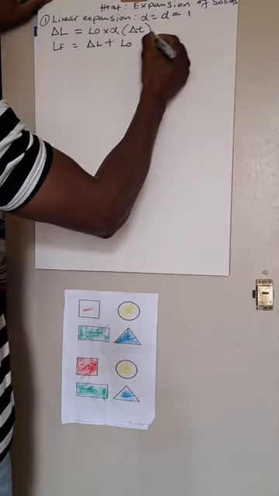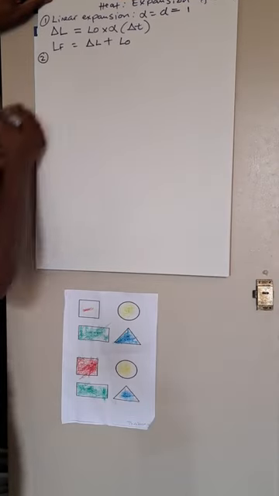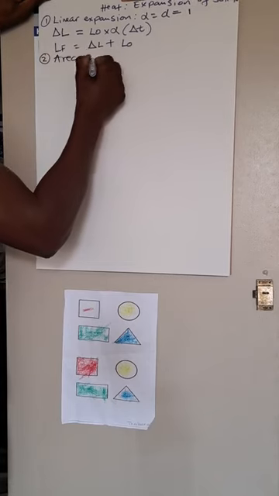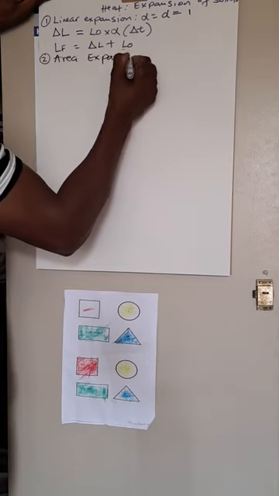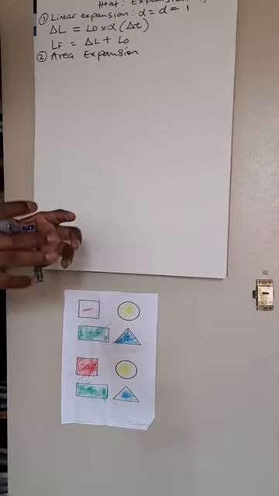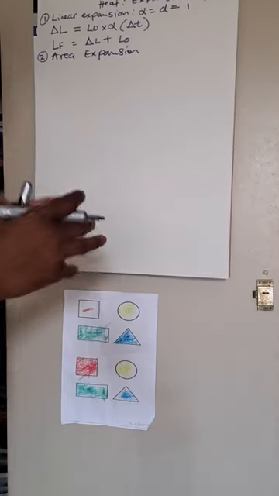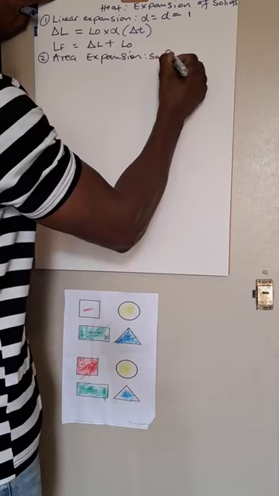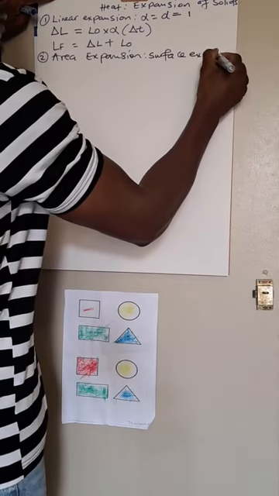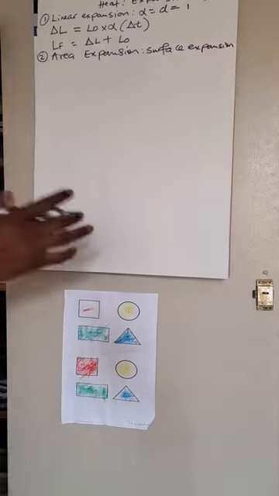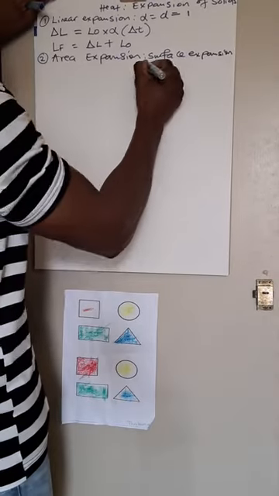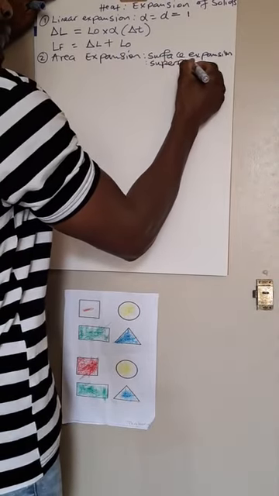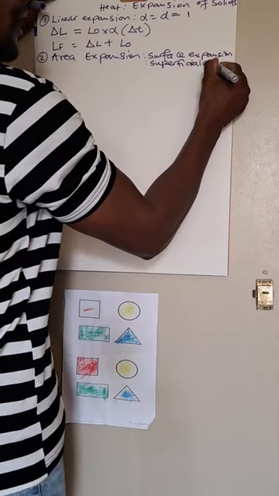Now, the second part we need to look at is area expansion. You must understand this: area expansion can also be referred to as surface expansion, and surface expansion can also be referred to as superficial expansion.